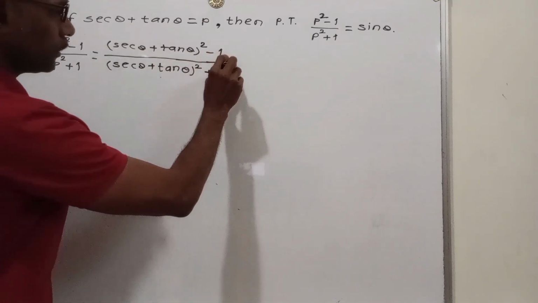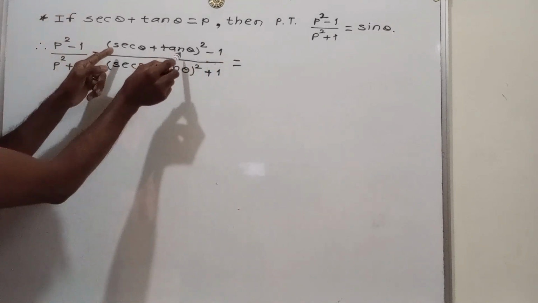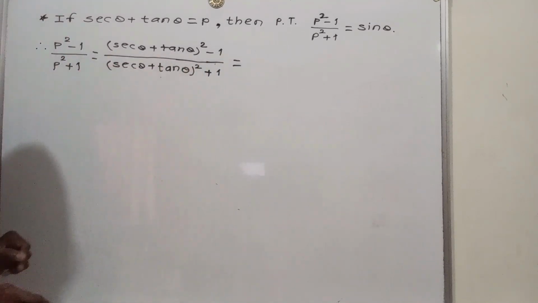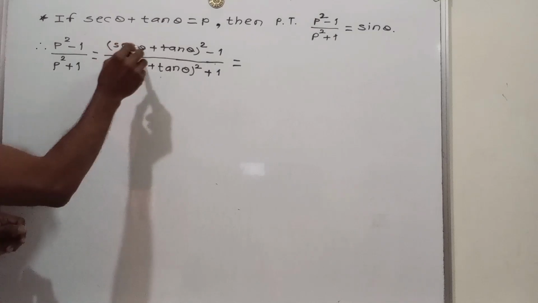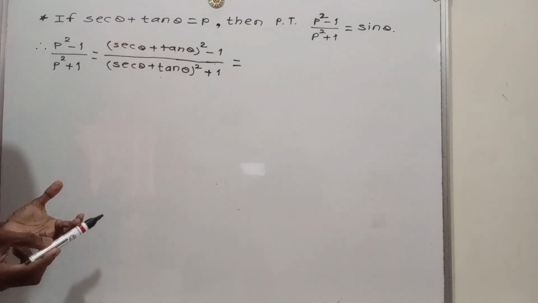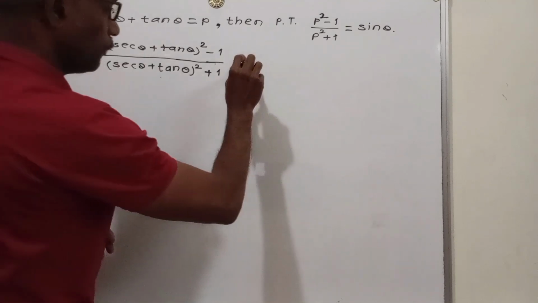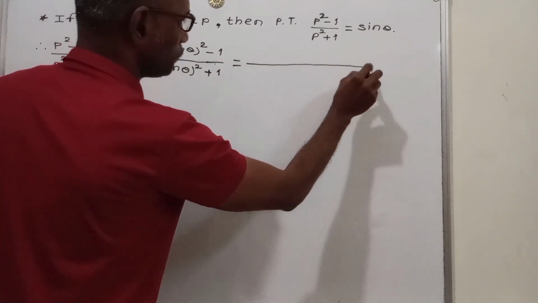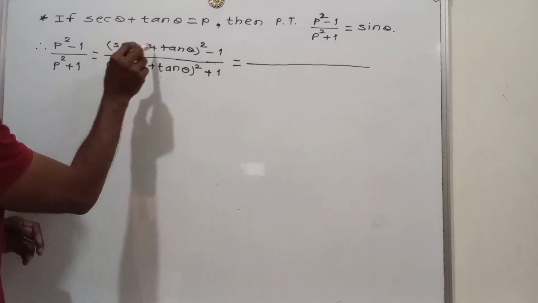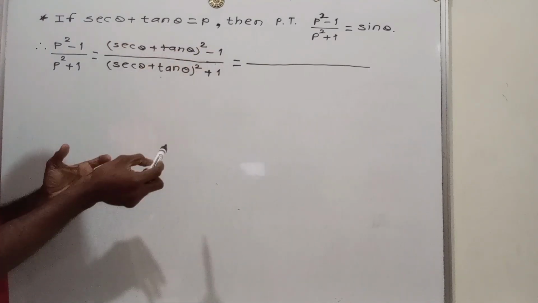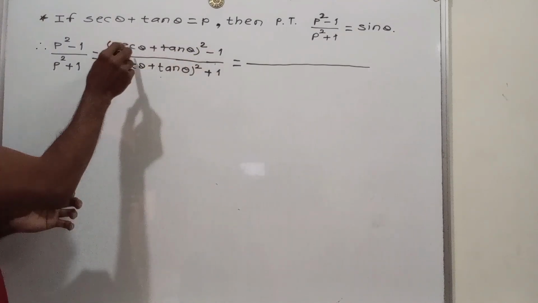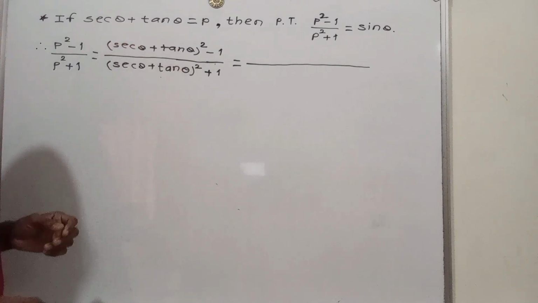Now we see the expansion of this bracket, (a plus b) bracket square. You know this formula. I will write here (a plus b) bracket square, where instead of a plus b we have sec theta plus tan theta.